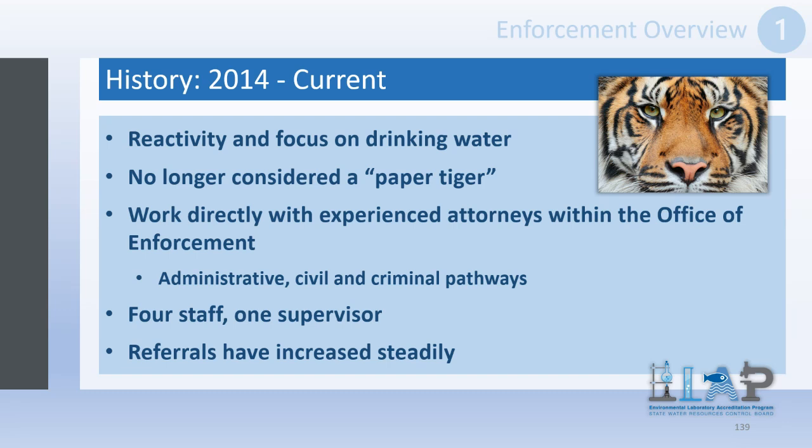We're no longer considered a paper tiger, and one of the reasons that we are effective now is that we have the assistance of attorneys within the Office of Enforcement, and we utilize their help extensively to go down these administrative, civil, and criminal pathways. Within enforcement, there are 4 staff.